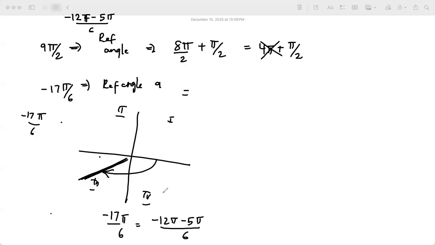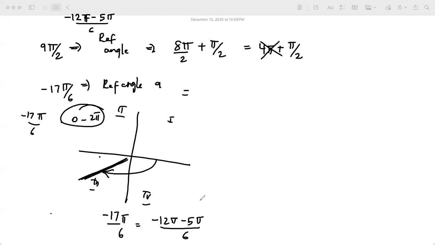So what is it? Is the coterminal angle negative 5 pi by 6? Coterminal angle is, but they asked you to find it between 0 to 2 pi, right?